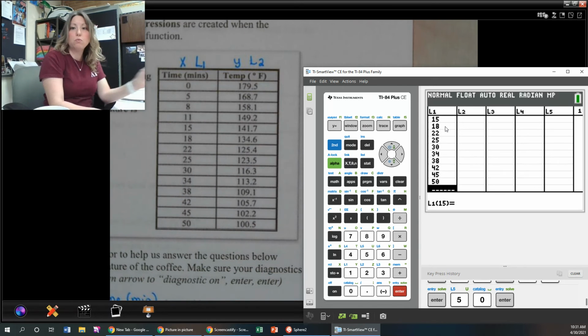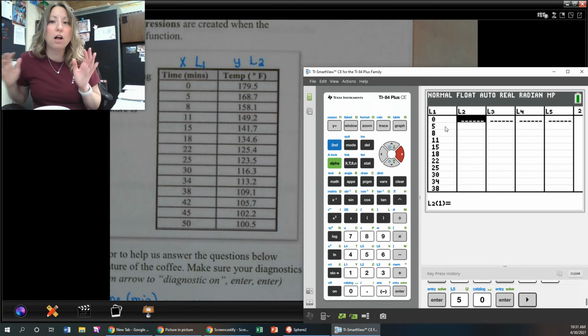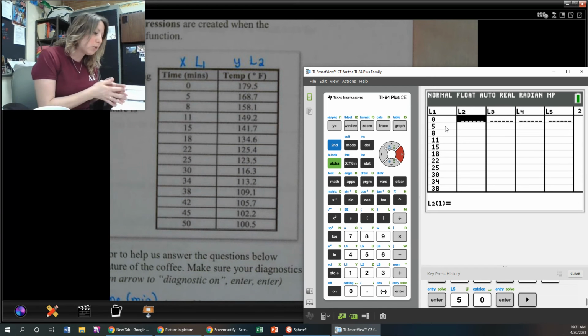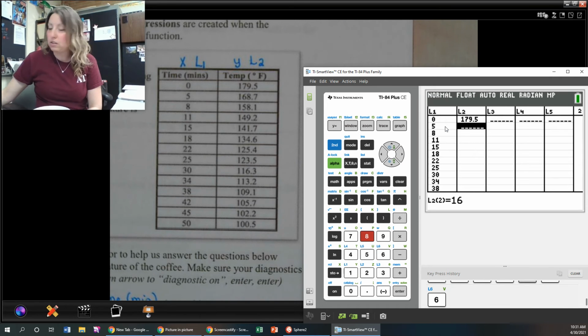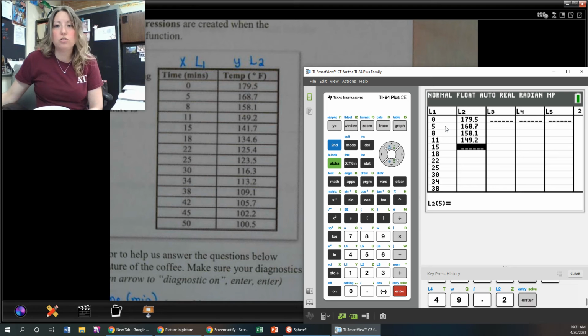Perfect. So now we arrow right to L2, and now we're going to enter the temperature of our coffee in L2. So 179.5, 168.7, and you can, of course, press enter to keep going as you continue.